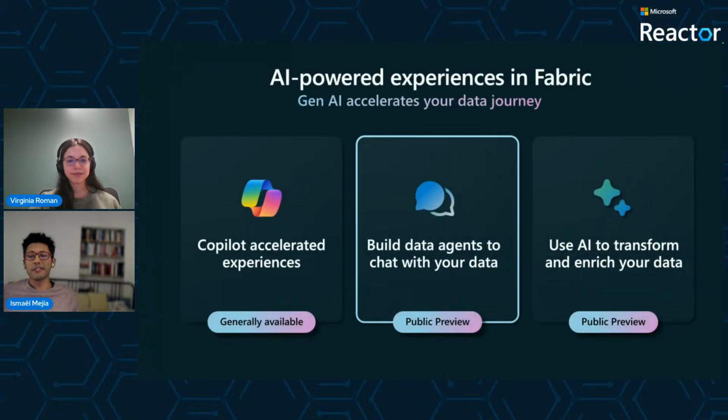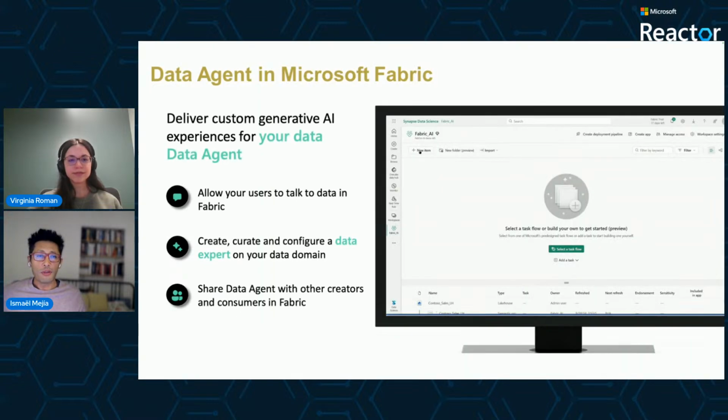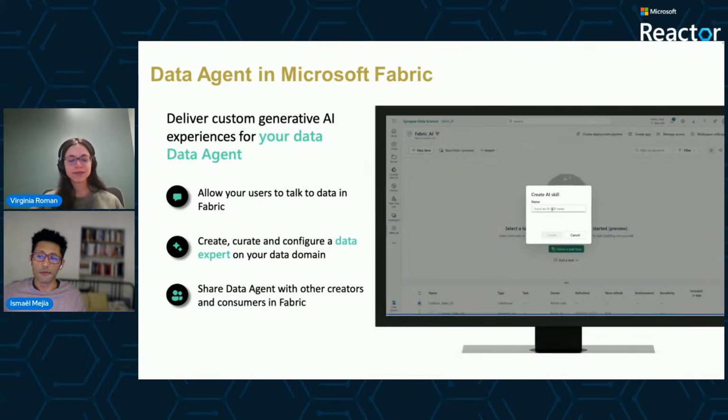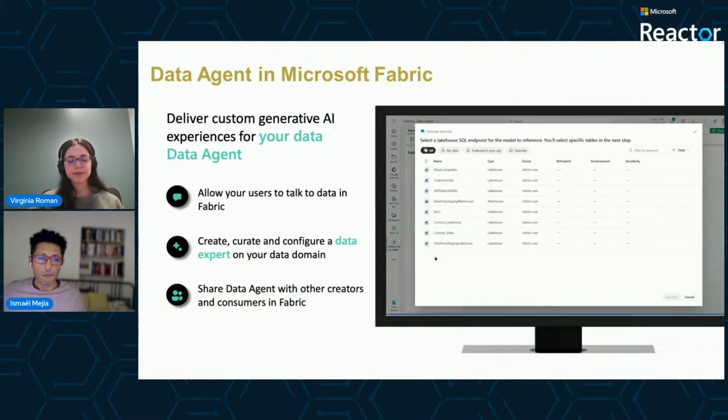Okay, so this is the second of our AI-powered experiences: the ability to chat with your data. And what do we mean by that? We have this concept called data agent. This is a new item in Fabric. You can create a new, let's say, Copilot or agent based only on the data you want to share.